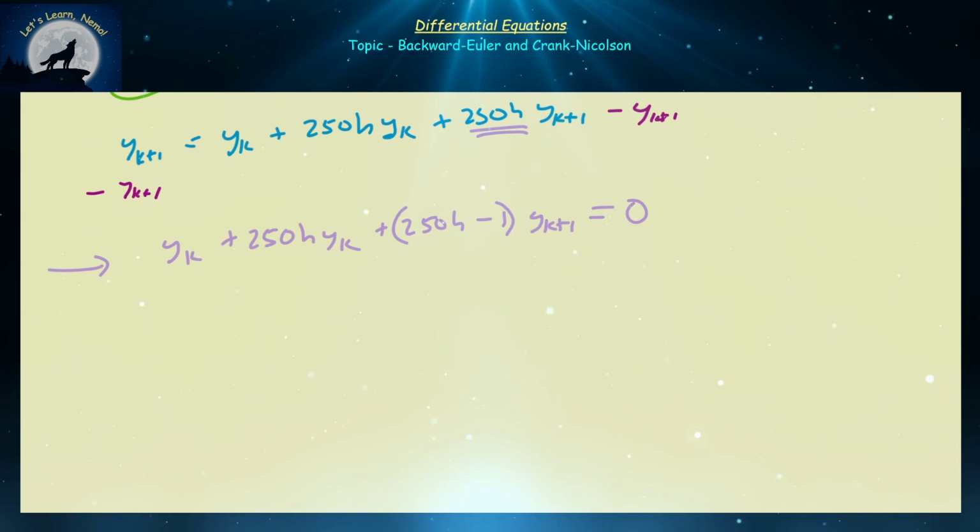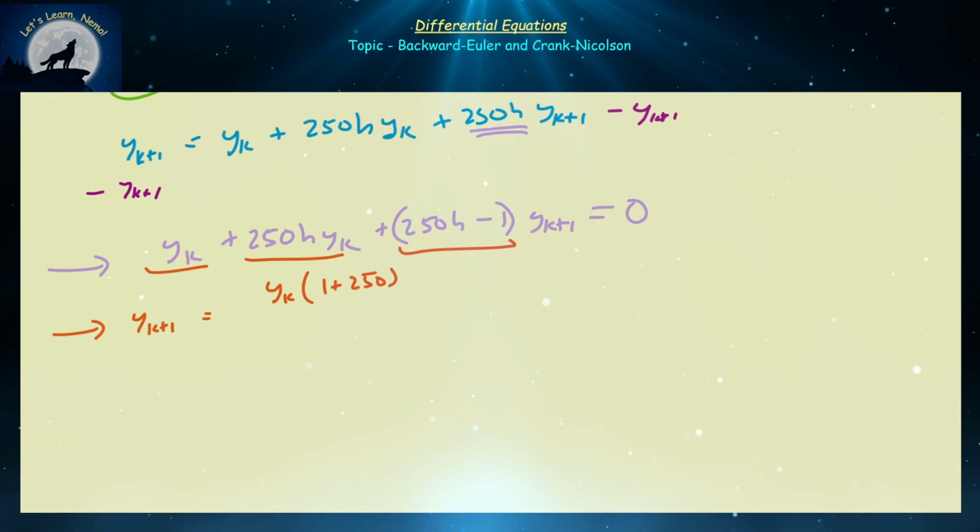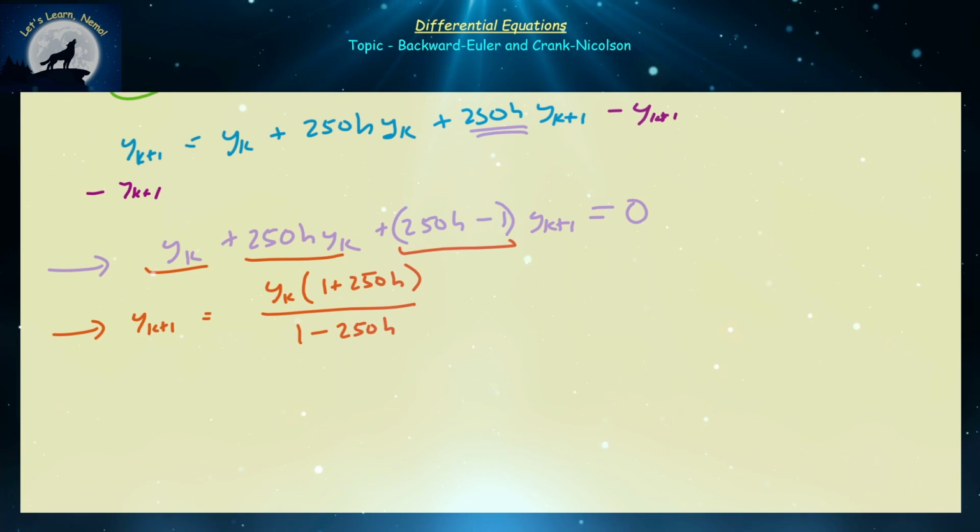So once we have that, we can isolate everything, and we're going to have y_{k+1} equal to, subtract that, they're both going to be negative, then we're just going to reverse that anyway, and that's going to be y_k times (1 plus 250h), all over 1 minus 250h there as well, right?